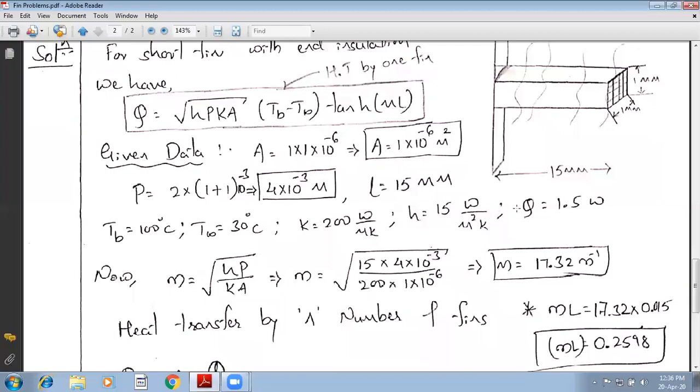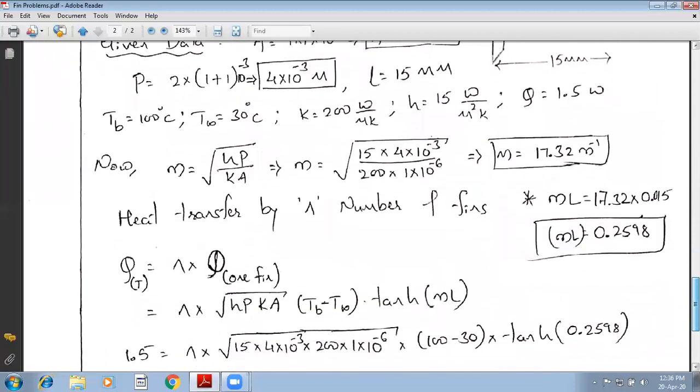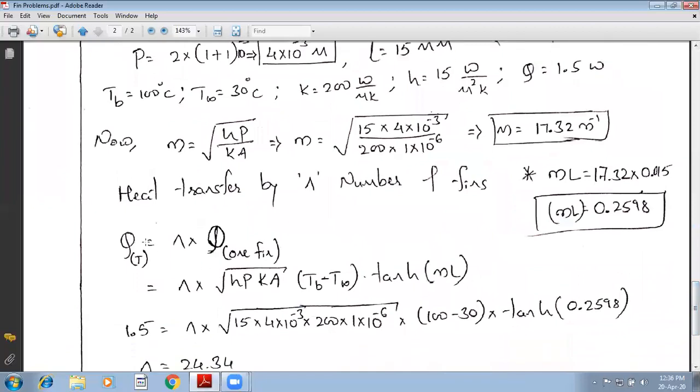Now you put all the values in the equation. You will be getting heat transfer by this way. Now total heat transfer is nothing but N multiplied by heat transfer by one fin, where N is number of fins.